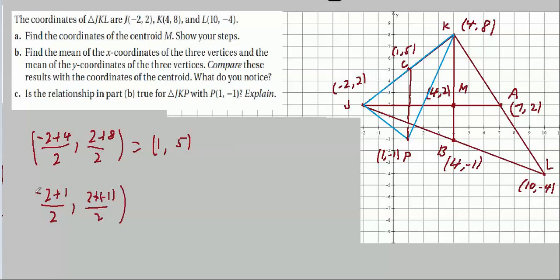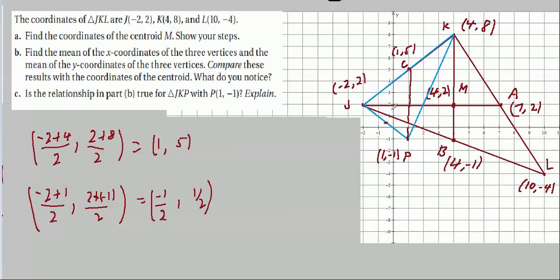And what is this? Well, this is minus 1/2, right? And this is just 1/2. Does that make any sense? See, minus 1/2 and 1/2 would be right about there. Looks about right to me.